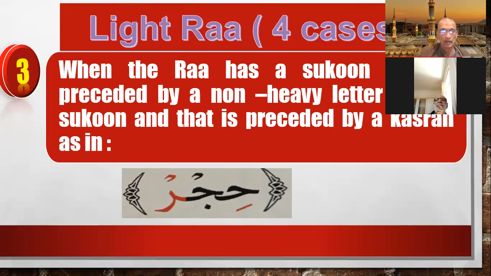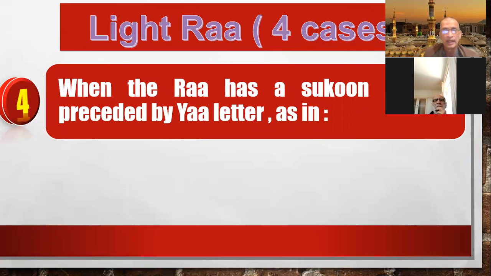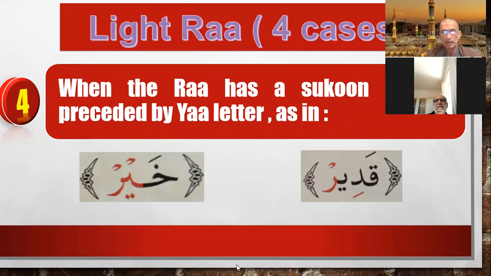Okay, number three. Number four. When the Ra has a sukoon and is preceded by a ya letter, as in Qadir, Khayr.